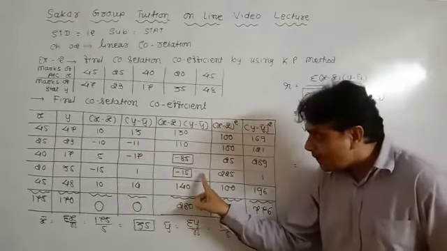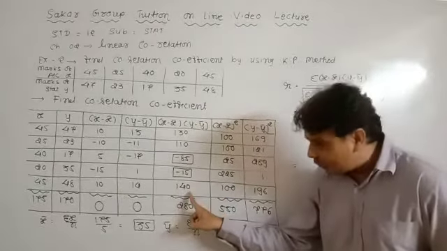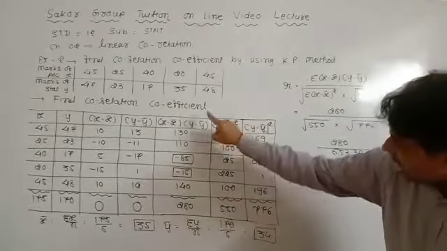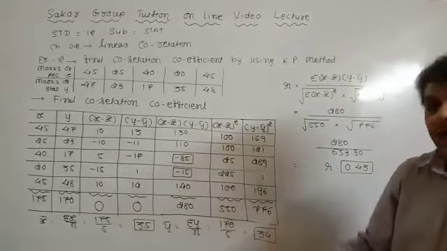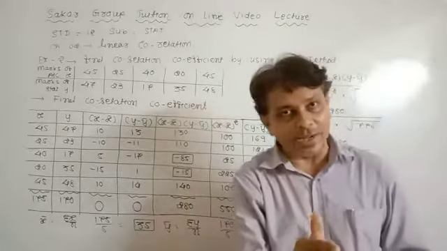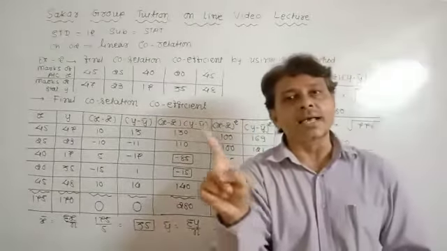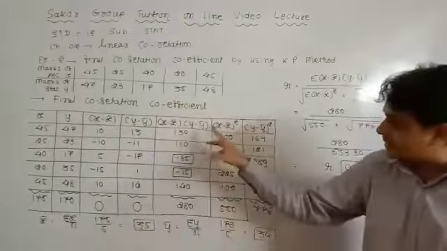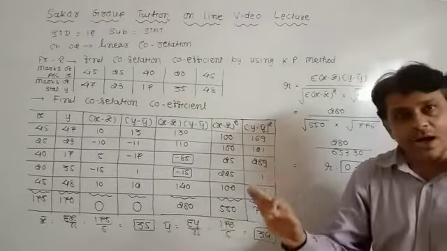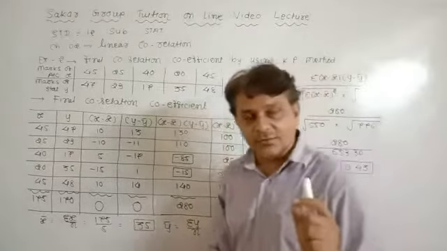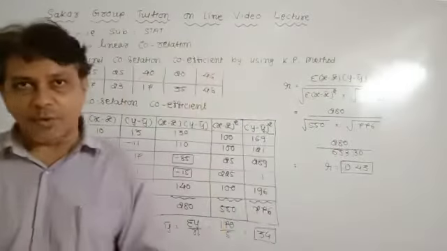Next is minus 50, 140. Now look at it. After preparing this column, we have taken the addition of this column. That becomes sigma x minus x bar into y minus y bar. So plus and minus, the final outcome is 280, which is the value of sigma x minus x bar into y minus y bar.